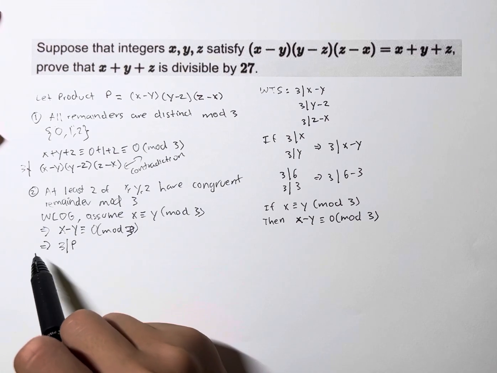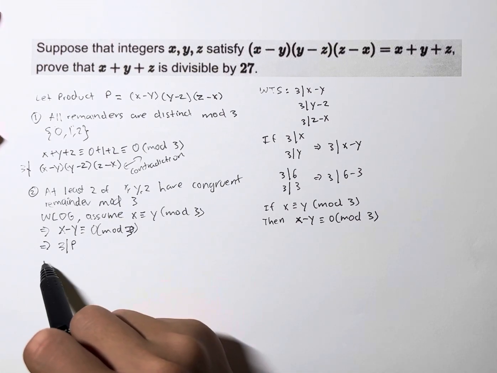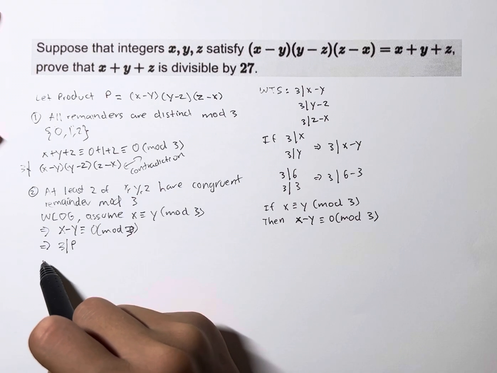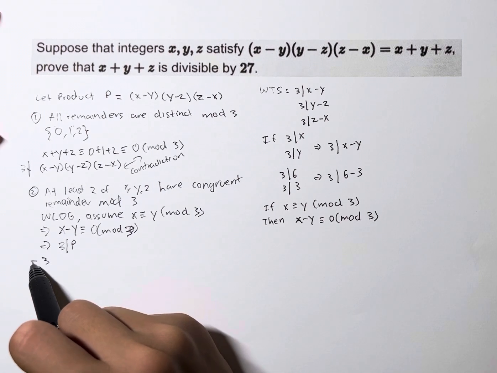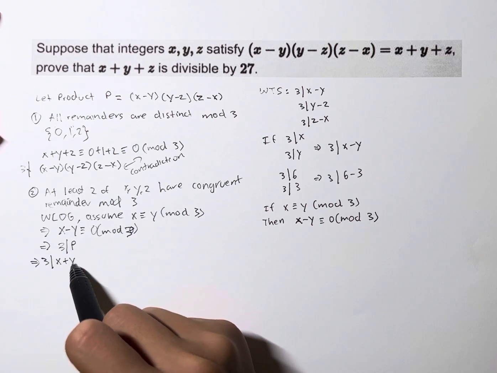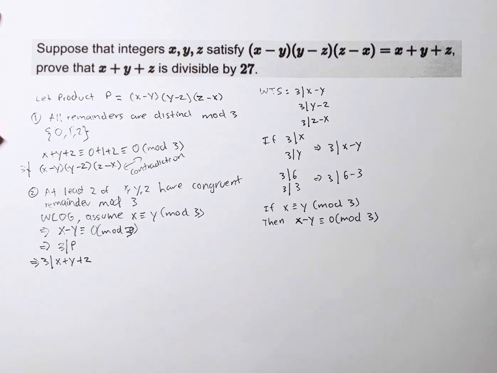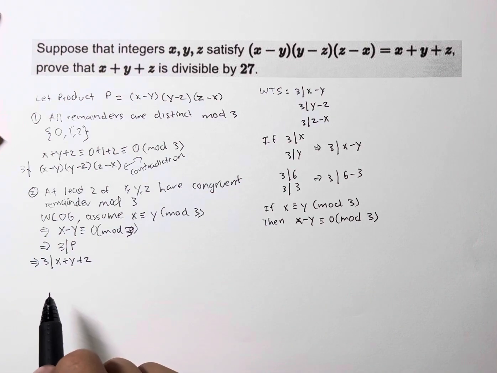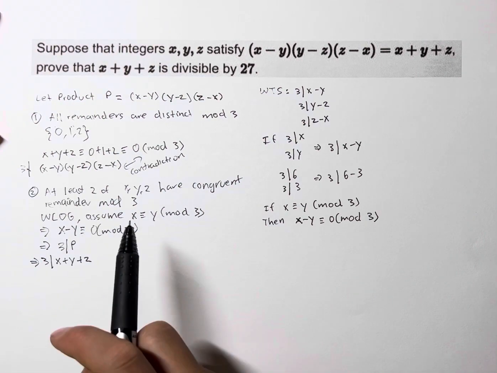Okay. So then this will mean that 3 is going to be a factor of x plus y plus z. Or in other words, x plus y plus z will be congruent to 0 mod 3.